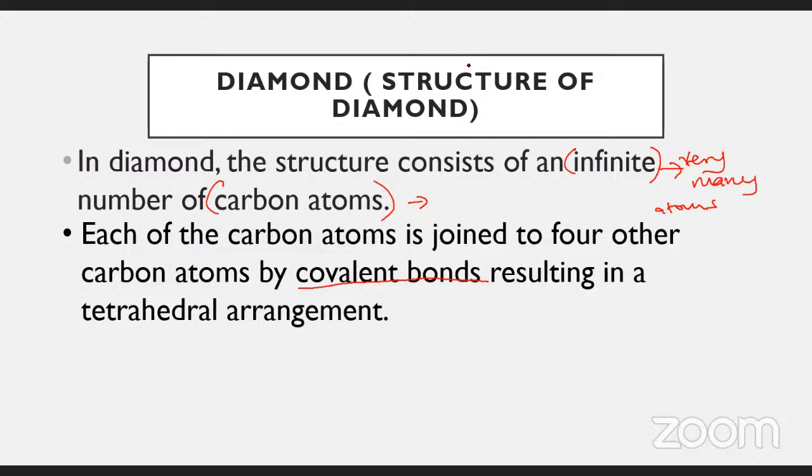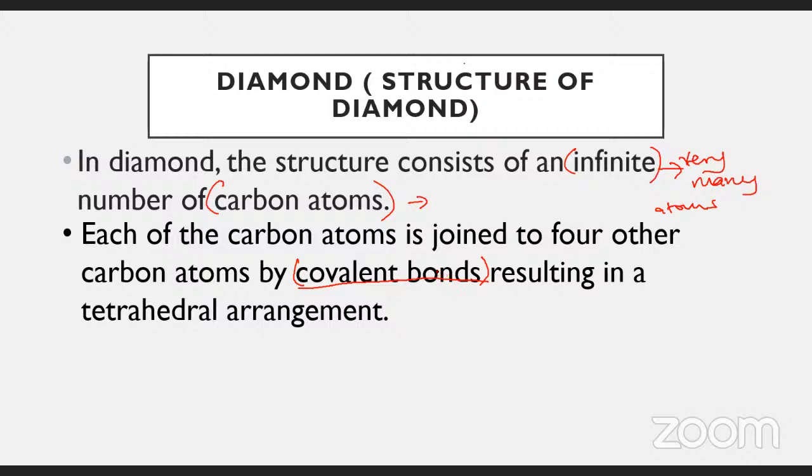Who can define for us a covalent bond? So that we can understand when we talk of a covalent bond, which is found in the diamond structure. What is a covalent bond? If you have done bonding, then you should be able to define this.